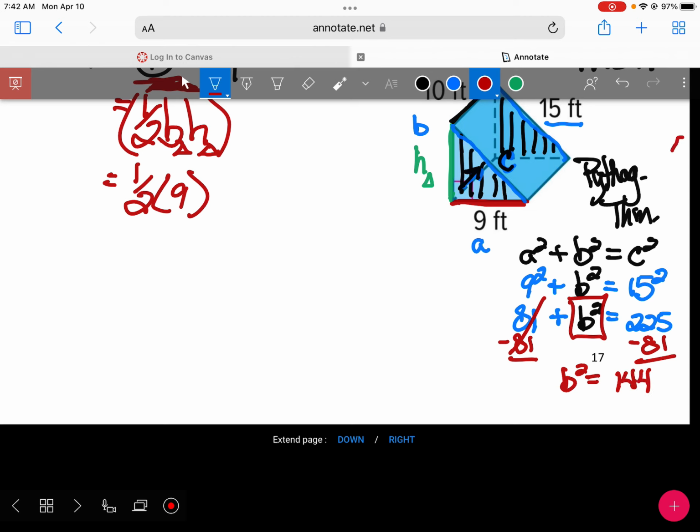But I don't want b squared, I just want this length of b. So take the square root, and I get b is equal to 12. So that means the height of my triangle is 12.